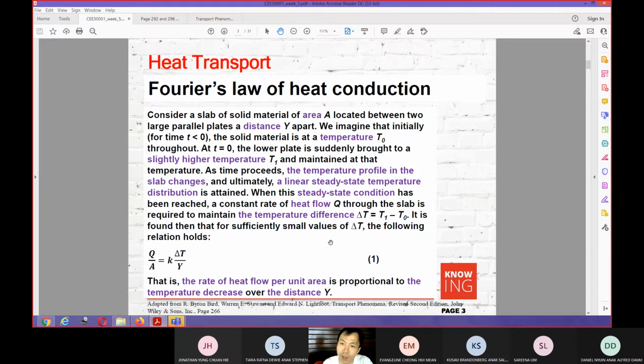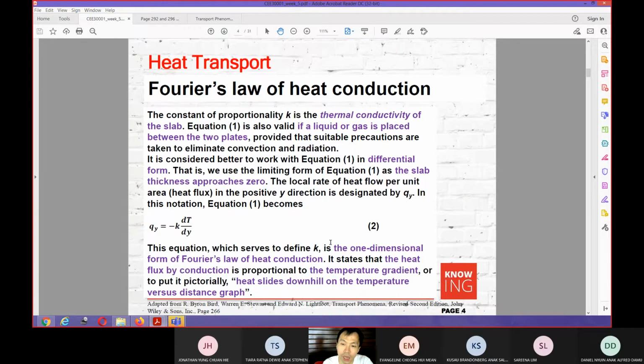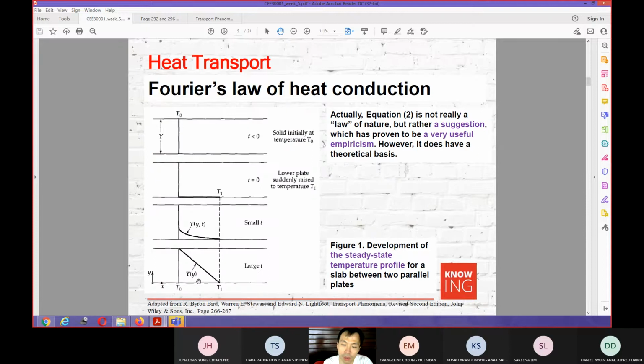Now this equation 1, we can convert into the differential form. As the slab thickness approaches 0, let's say the heat is going in the y direction. If we go into the picture here, the heat flux is going in this direction because there is a temperature gradient in that particular direction, right?